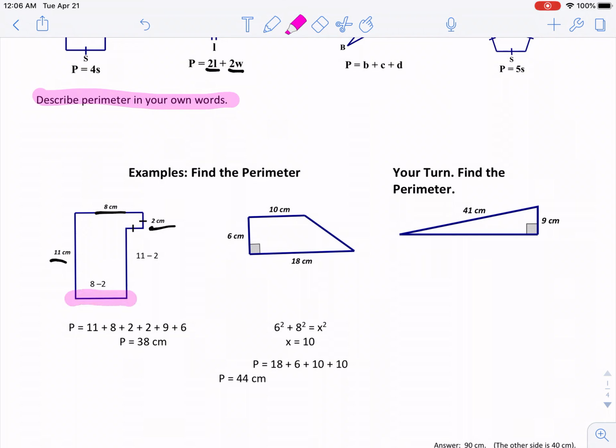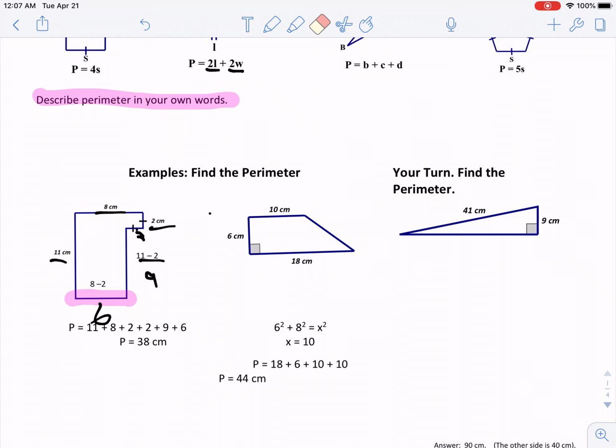They're saying it is 8 minus 2, because they're taking this whole side, which is 8, and subtracting this part right here, which is 2. We know that because of the mark, so this side is 6. They're playing the same game right here, doing 11 minus 2, because the whole thing's 11, minus the 2 right here leaves us with 9.